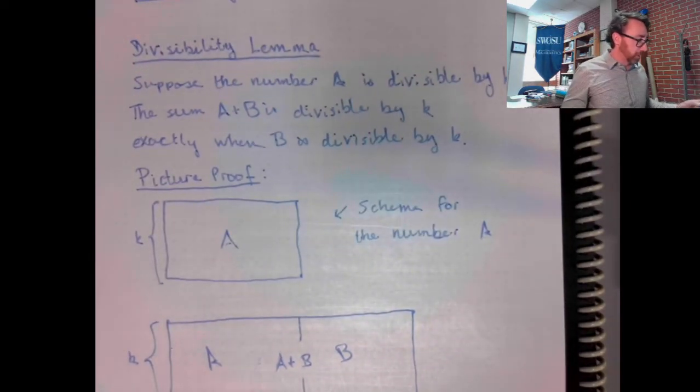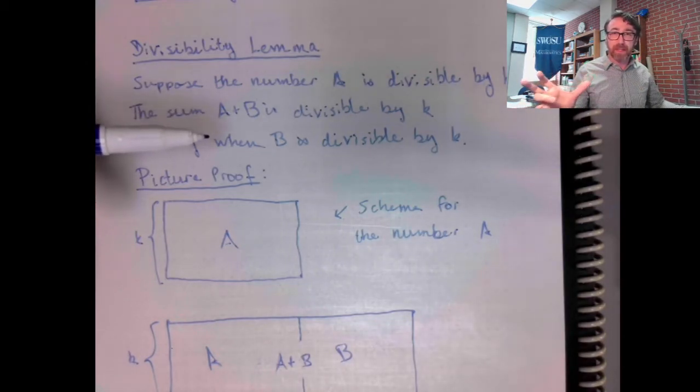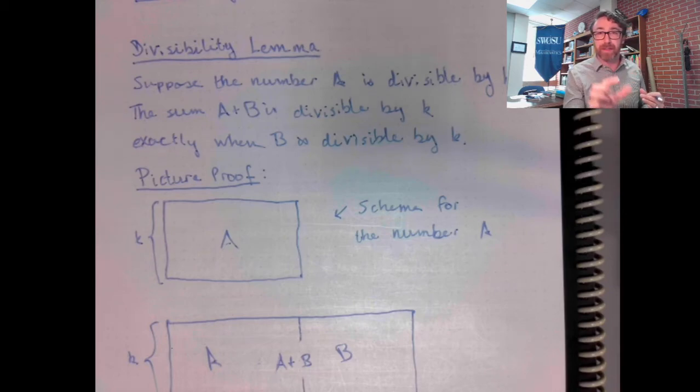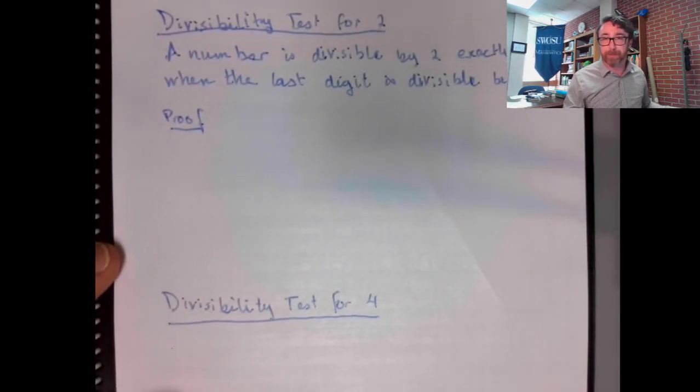So if each of the components is divisible by k, then the sum is divisible by k. And it also works the other way. If the sum is divisible by k and one of the components is divisible by k, then the other component also has to be divisible by k. And we're going to make use of that in our divisibility tests.